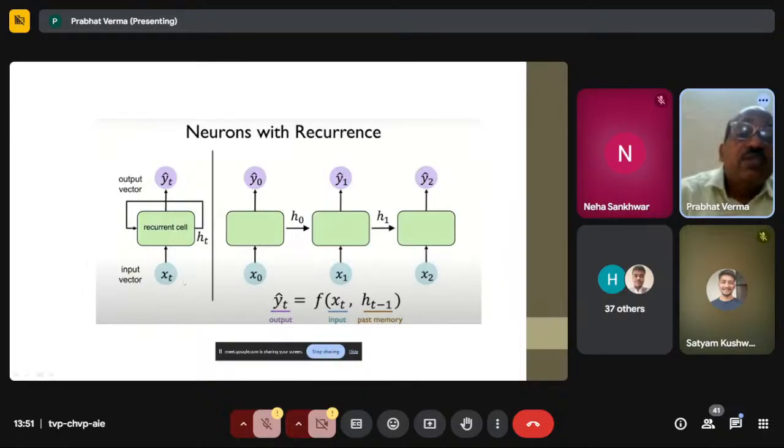This way we can say that xt is transforming into yt with the help of the previous history data ht, the past memories. If we unwrap this, then we get the neural network model on the right side, and the compact form is represented on the left side.